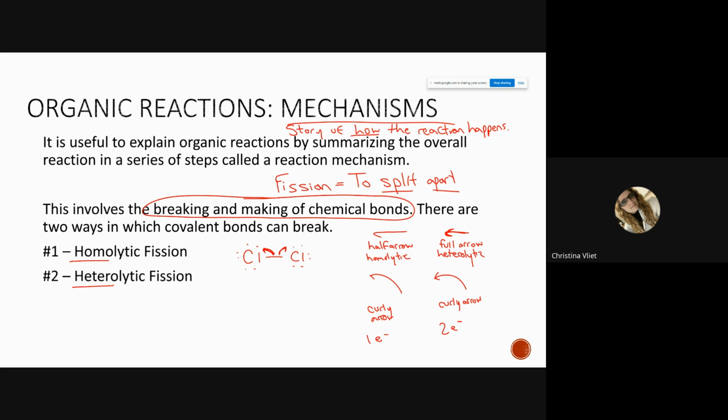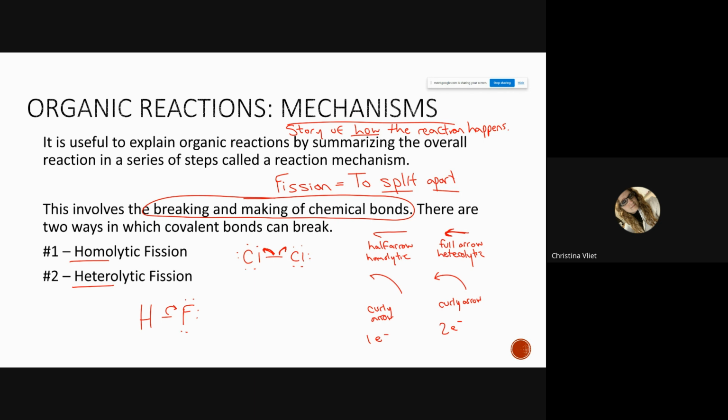Let's say that you had HF. Would you say one of these atoms is more electronegative than the other? So would one of them want the electrons? Fluorine is going to be like, you ain't getting one back. Mine.